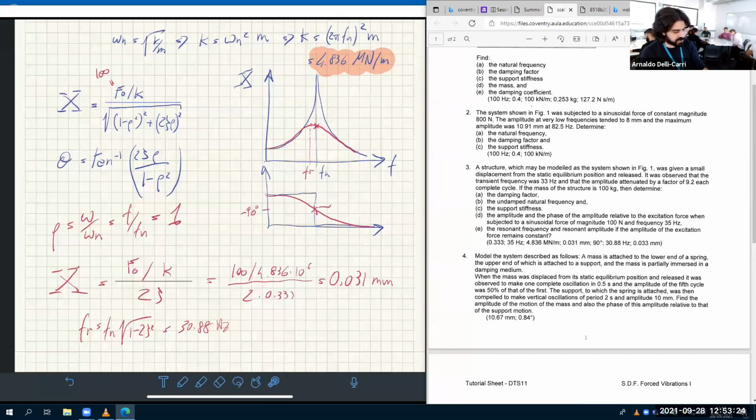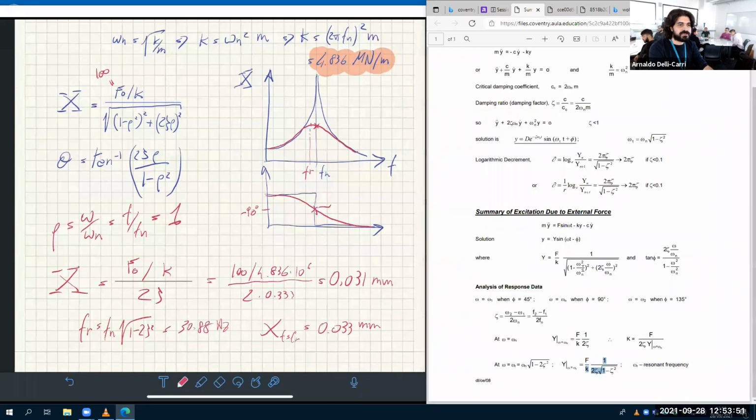And the amplitude, you do it in the same way. Now, rho is different. Because if you are here now, rho is Fr over Fn, and then you get a different amplitude. So x, when F equals Fr, is 0.033 millimeters. And if you look at the formula sheet, you have it here very easily. If x of F equals Fr is just this.